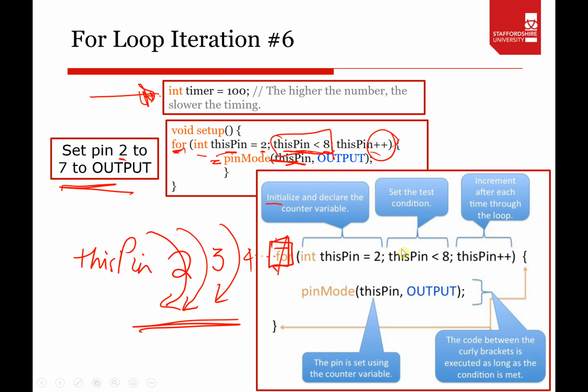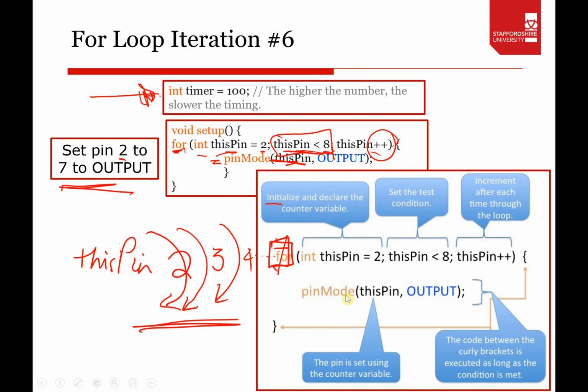This is the test condition, this pin is less than 8, so this is tested on each iteration of the for loop. Then increment after each time through the loop, so this pin is incremented 1 time every time through the loop.